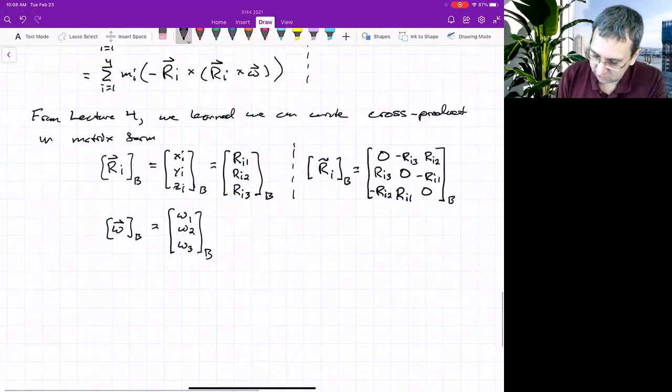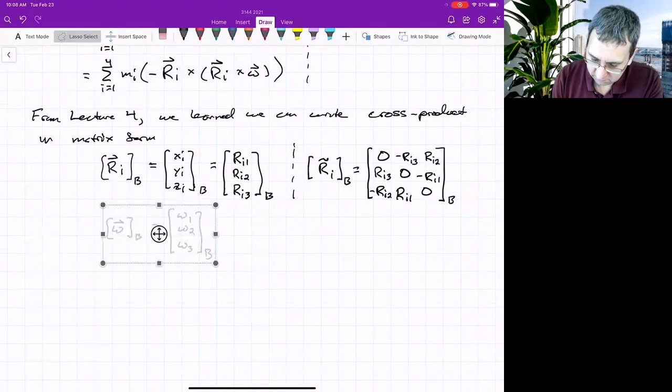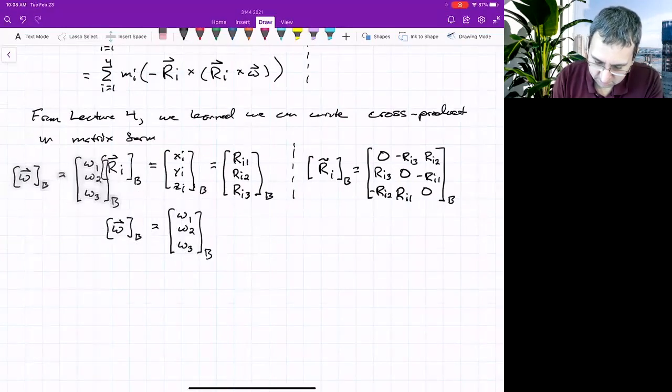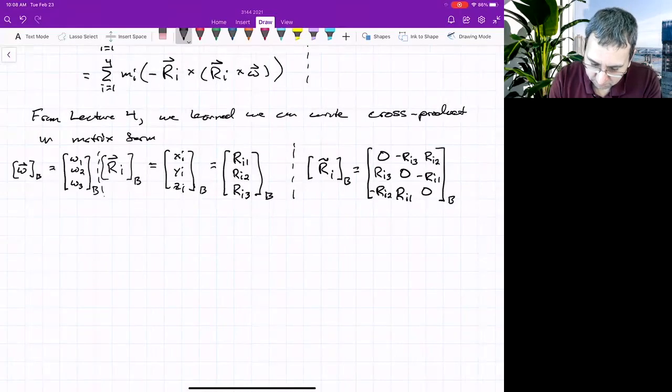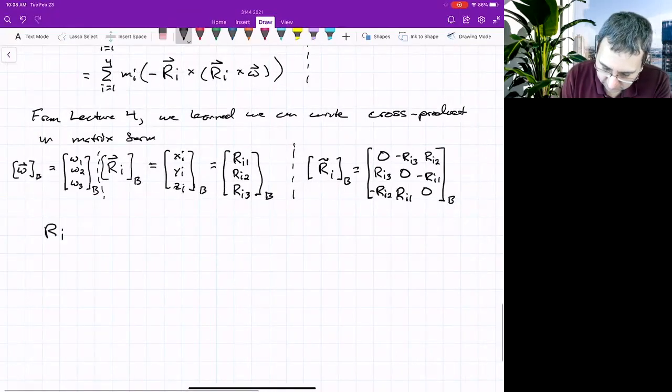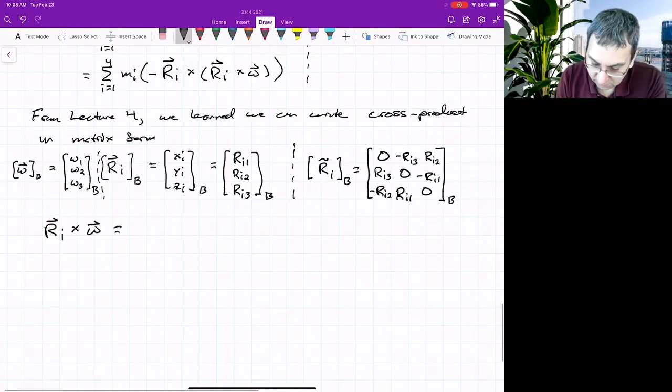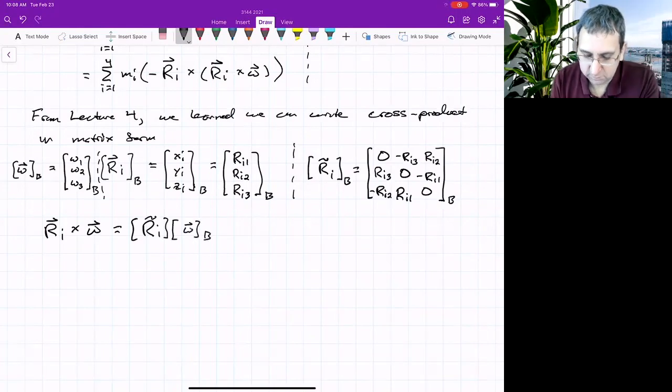Then I'm going to move this up here and make it small to give myself more room. ri cross omega can be written as ri tilde times omega as a column vector.